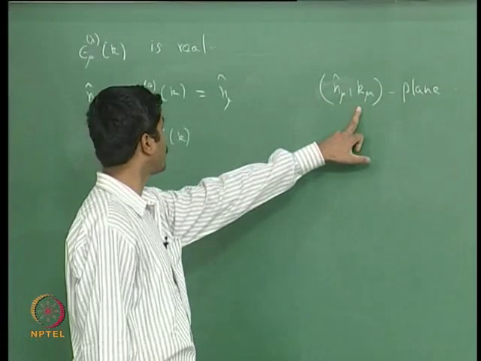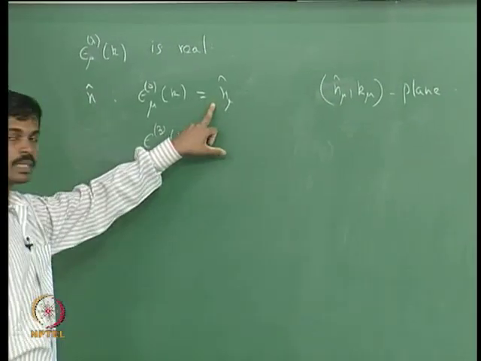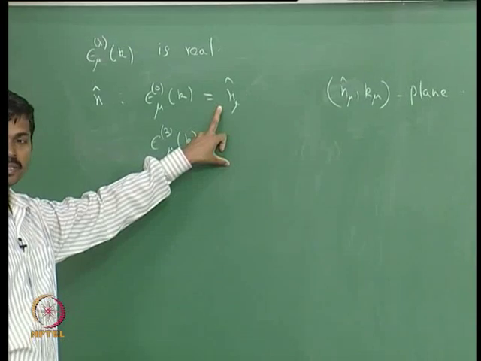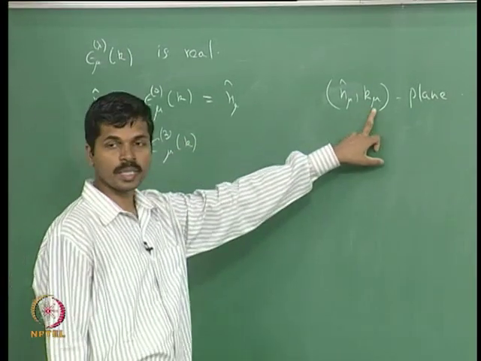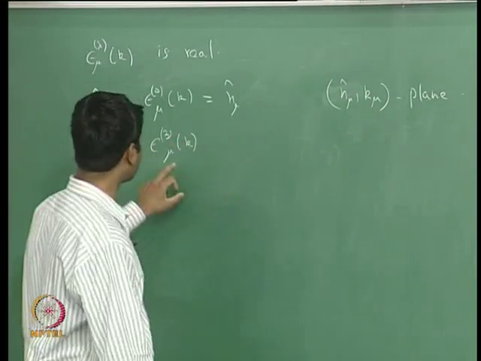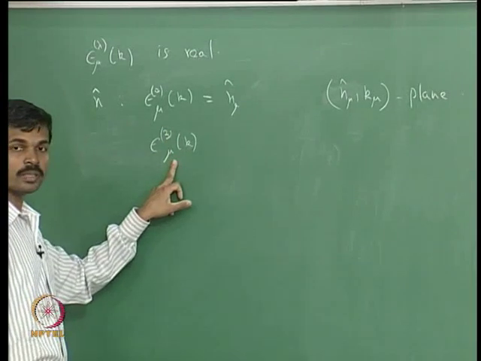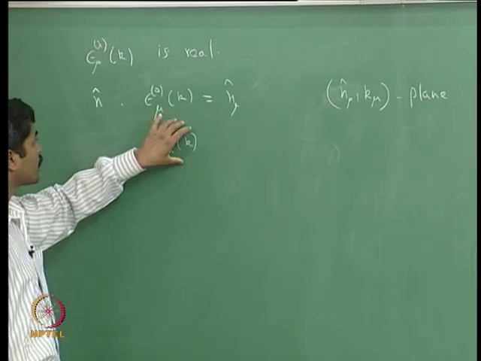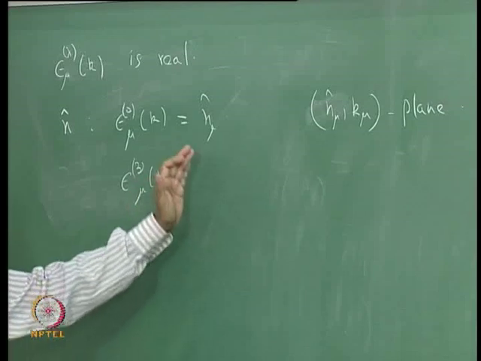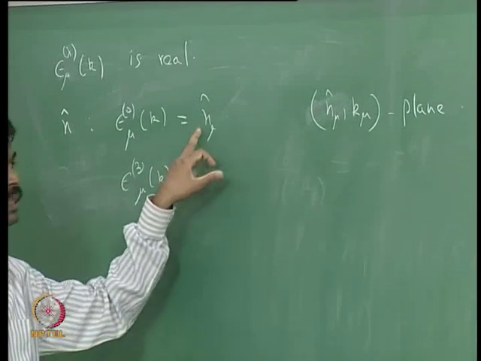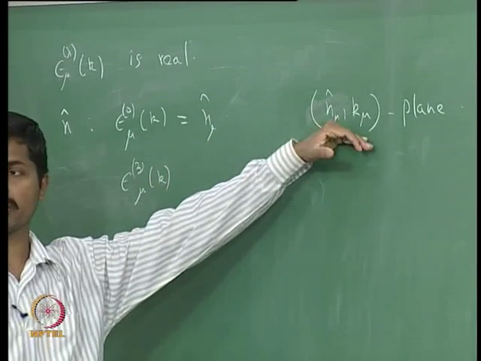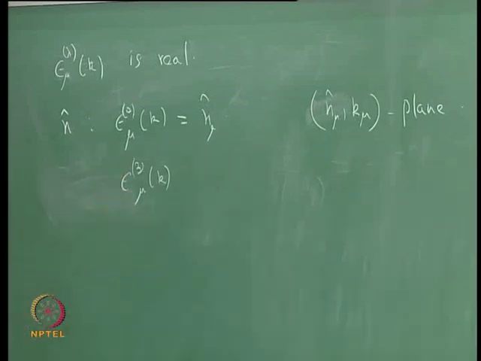This spans a plane, and this is one linearly independent vector in this plane spanned by n hat and k mu. You choose epsilon 3 to be the unit vector which is orthogonal to n hat mu and which lies in this plane. So, that is the choice for epsilon 3.